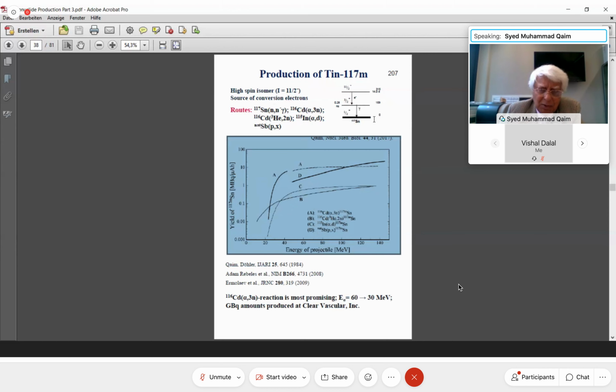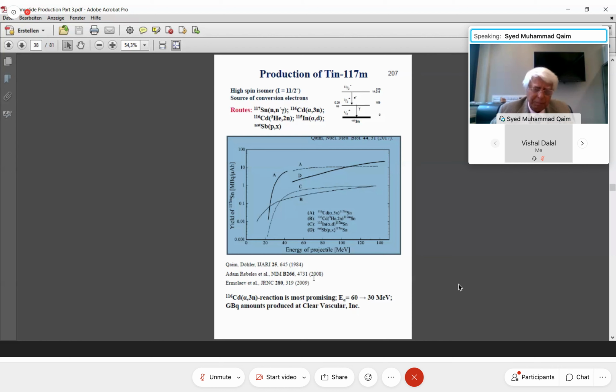You see, 0 is the lower level, this is the high level. So such high spin levels are populated better if alpha particles are used, because alpha particles bring a lot of angular momentum. And so this is why several reactions are now used with alpha particles for production. So the importance of alphas has increased in the last few years.